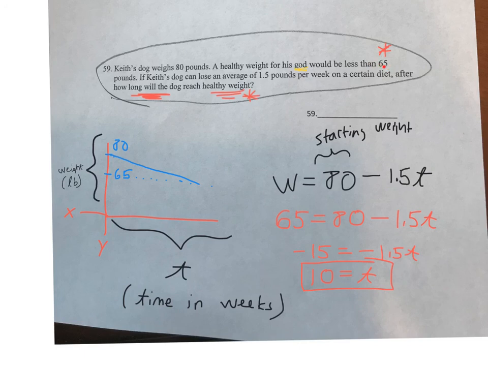pounds. But we need to make sure that we're clear that it's really this word after that's the key. Because the dog will be healthy when it's less than 65, not when the dog is exactly 65. So at 10 weeks, this dog is exactly 65 pounds.